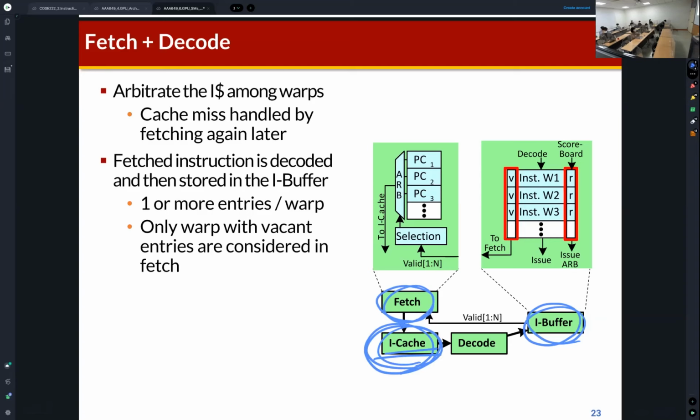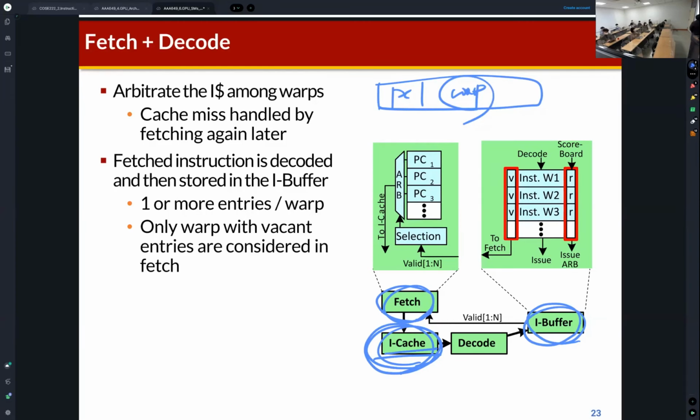Like the CPU, the instructions are addressed by a program counter, right? As I mentioned, the threads in a warp share the same program counter, which means that the warp has its own PC. Using this PC, the warp accesses the instruction cache.